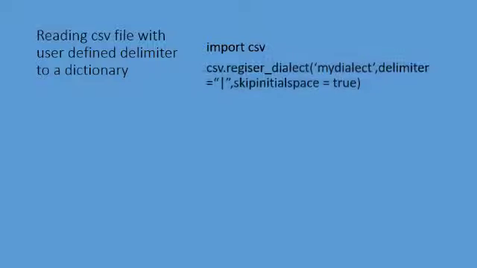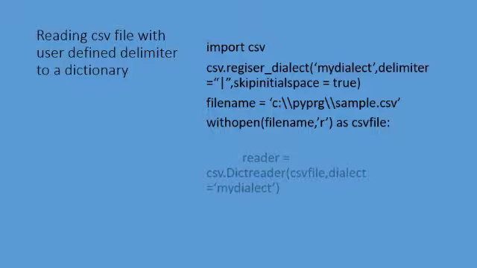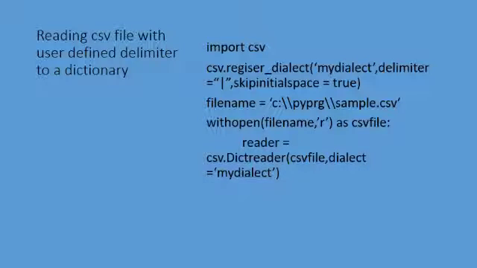In previous classes we have seen how to read a CSV file with the delimiter, the default delimiter comma. Now in the dictionary, how to add those things, about that we are going to see. So see here, reading a CSV file with a user defined delimiter into the dictionary. Default delimiter is comma; I am going to change the delimiter I am going to read.